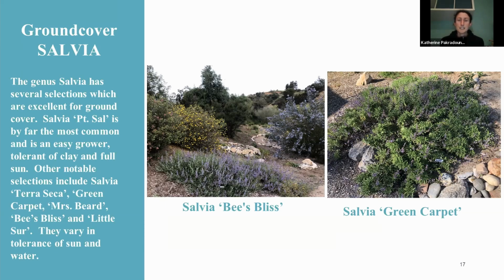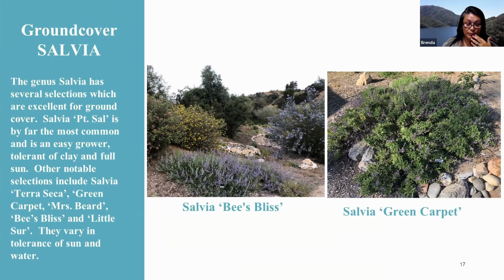That one's really tough, can handle lots of harsh conditions, but by late summer doesn't look too hot. The coyote brush definitely looks better year round compared to the Salvia 'Bee's Bliss,' but doesn't have nearly as pretty flowers. So you can see this one is in bloom, which is really, really nice, and is definitely sun tolerant.